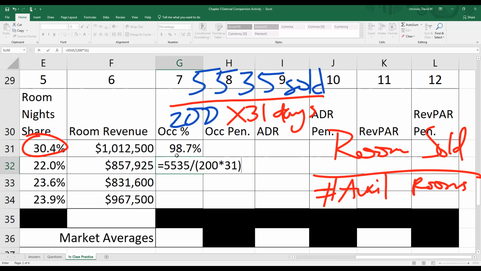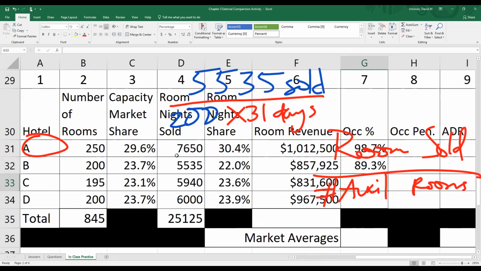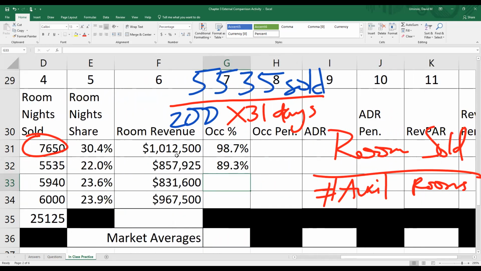Dividing by 31, well, that was the number of days, would give you the number of rooms sold per day. But the formula is rooms sold divided by the total available rooms. That's why you have to multiply the number of rooms in the hotel times the days of the month. So what is 31 times 200? 6,200.